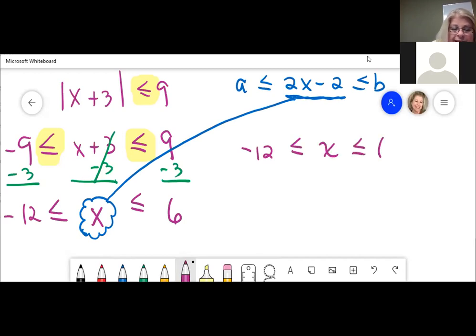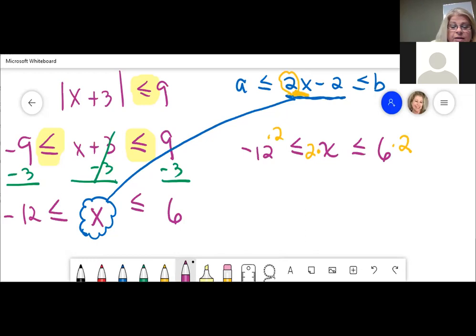Right now, I just have an x. What I want it to be is a 2x minus 2. So the first thing I am going to do is multiply by 2. I want to get a 2x. Right now, I just have x. So I'm going to multiply this by 2. But that means I have to multiply this by 2 and this by 2. Are you with me?